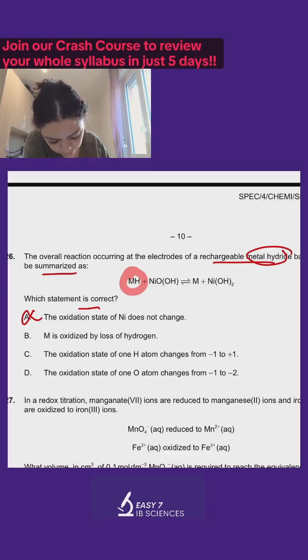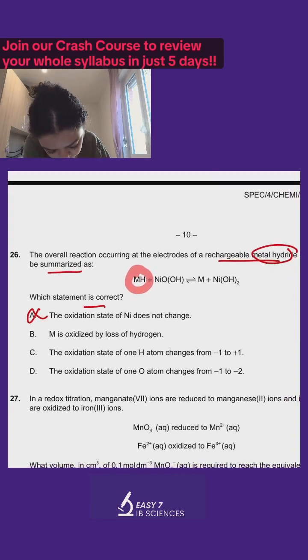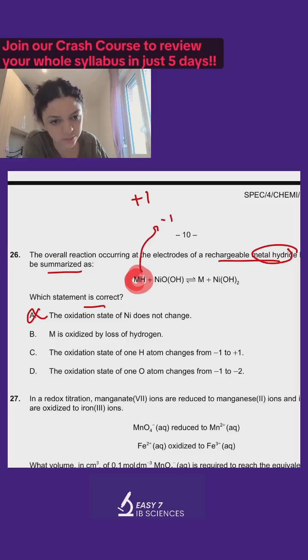All right, so to try to find exactly what's going on here, we're going to take a look at our oxidation states. So we know that for metal hydrides, there's an irregularity. Why? Because usually hydrogen has an oxidation state of +1. But only in metal hydrides is there an exception, where hydrogen has a charge of -1.